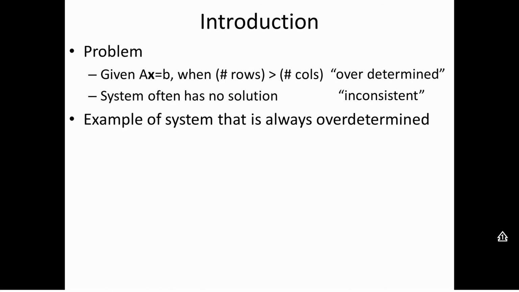Okay, in any case, there is an example of a system that is always overdetermined, and this is when we do simple linear regression. And in fact, basically any linear model is always going to have this problem. So we know that the statistical model for simple linear regression is where we have a response variable y that we want to predict from some predictor variable x.